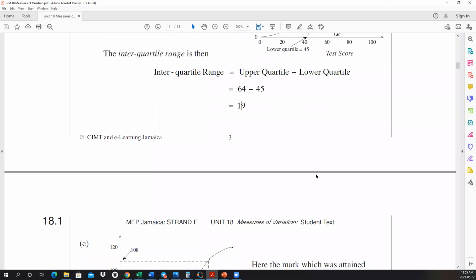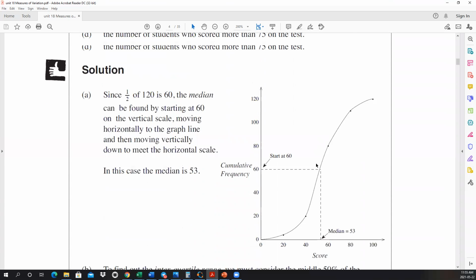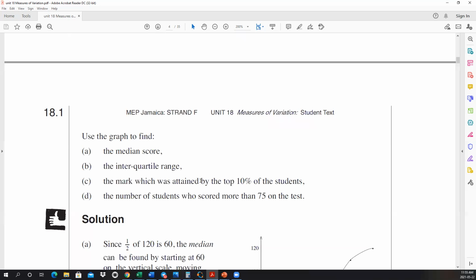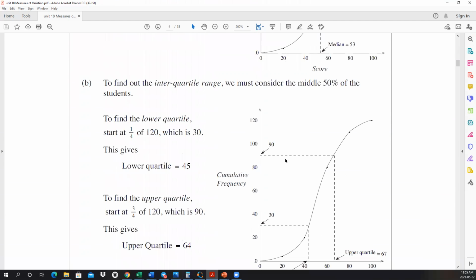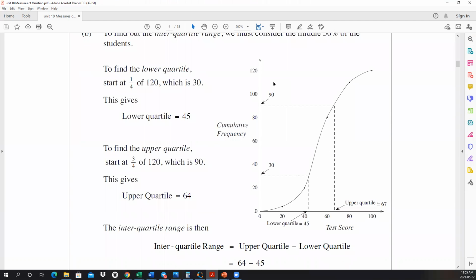All right. So the next question says: the mark which was attained by the top 10% of the students. If I look at this, the top 10% of the students are going to be at the top.